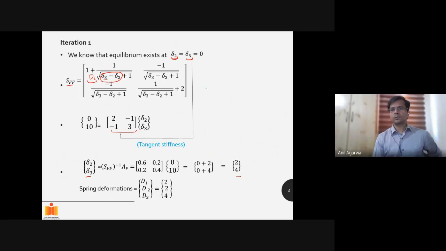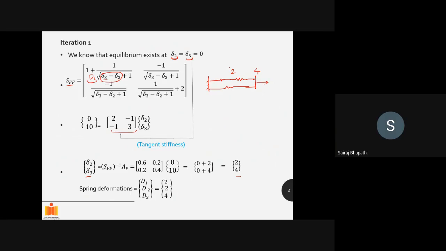So my deflection at the second degree of freedom is 2. I'll just write it. 2 is the deflection here, 4 is the deflection here. How much is the deformation in each spring? The first spring, what is the deformation? 2, sir.